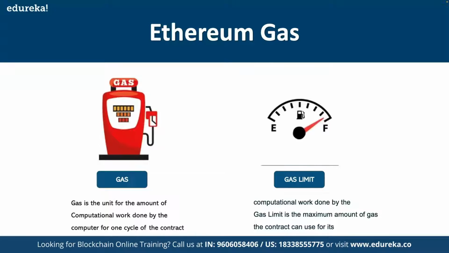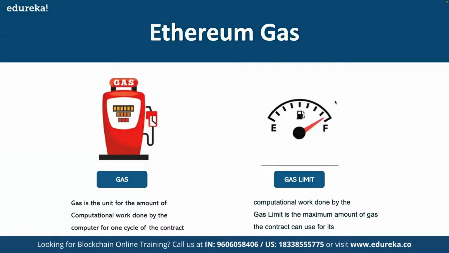Okay, that's the relationship between gas and gas limit. Gas is required to be paid for every operation performed on the Ethereum blockchain. Its price is generally expressed in Ether and is decided by the miners, who can refuse to process a transaction with less than a certain gas price.